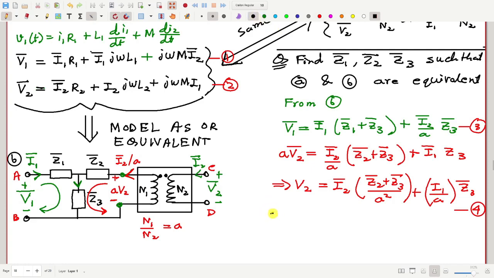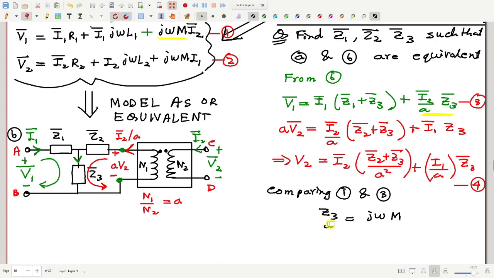Comparing equation number 1 and 3, look at the coefficient of I2. Here the coefficient of I2 is j omega M, and here the coefficient of I2 is Z3 by A. That means Z3 by A should be equal to j omega M if these two equations are identical.